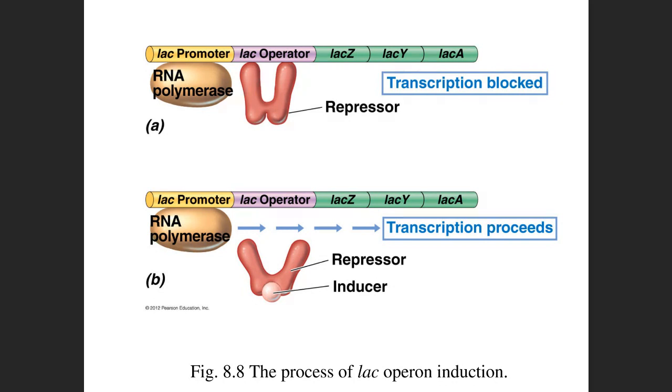If you only remember one operon, this is it, the lactose operon. How important is this? The biochemists, the microbiologists, the geneticists, and the molecular biologists will all talk about this. So it shows up everywhere.